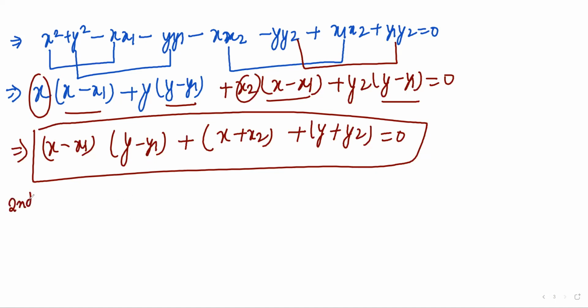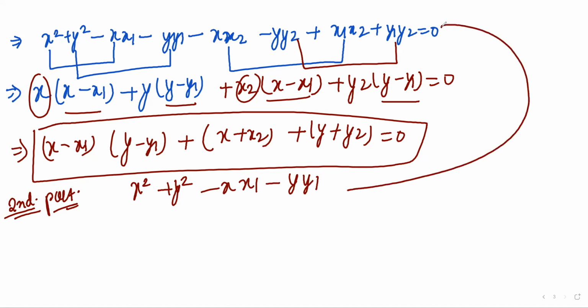Let's see another part also. So it is x square plus y square minus x1 minus y1. I am writing the same step, the upper part, below. So minus y1 minus x2 minus y2 plus x1 x2 plus y1 y2 is equal to 0.